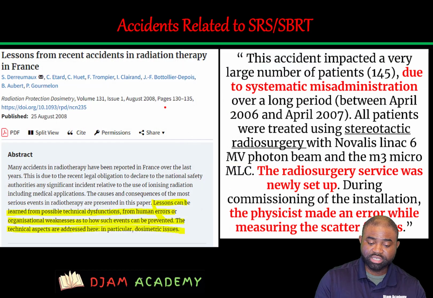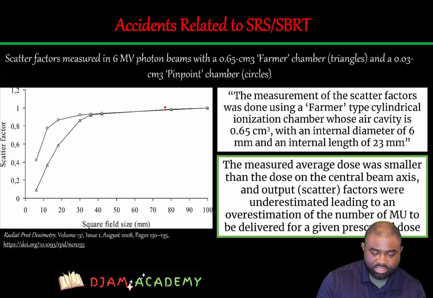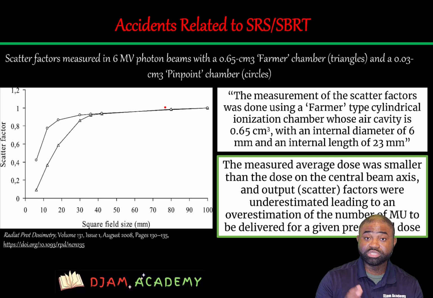In France, about 145 patients were affected. Still, they were overdosed. And in this particular case, the measurement of small field output factors was done with the wrong detector. We are going to talk about this in small field dosimetry, all about volume averaging.